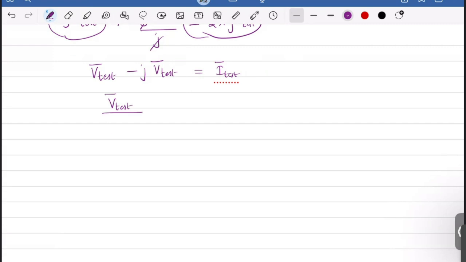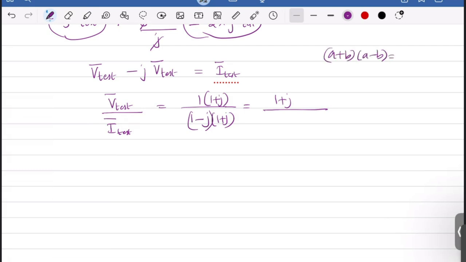V test by I test is given by 1 by (1 minus j). You can multiply numerator and denominator with its conjugate, 1 plus j. So this becomes (1 plus j) divided by (1 plus j) into (1 minus j), which is a plus b into a minus b, that is a square minus b square.